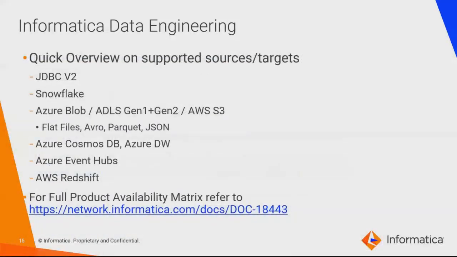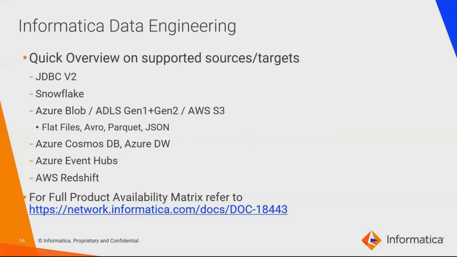So, a quick overview of what kind of sources and targets we can connect to in Databricks when you are pushing down a mapping to the Databricks cluster. We can connect to a variety of JDBC sources and targets using a JDBC v2 connector. The JDBC v2 connector is a new connector that was introduced in 10.4.